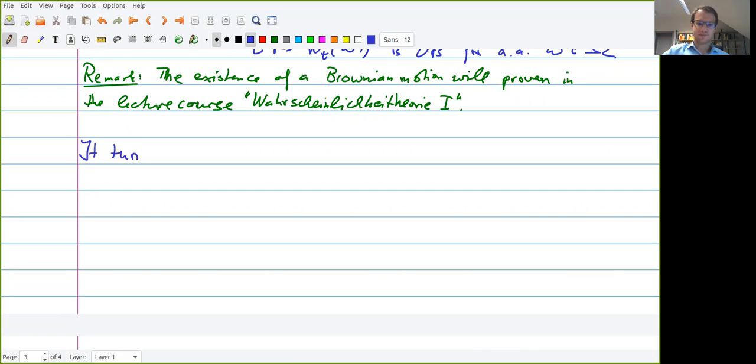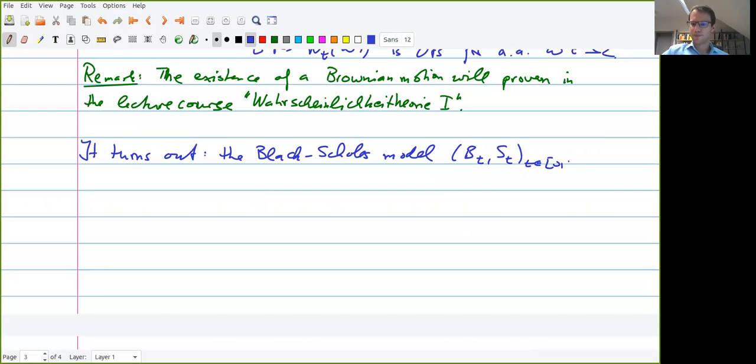It turns out the Black-Scholes model, right? This is our market, is an arbitrage-free and complete market.